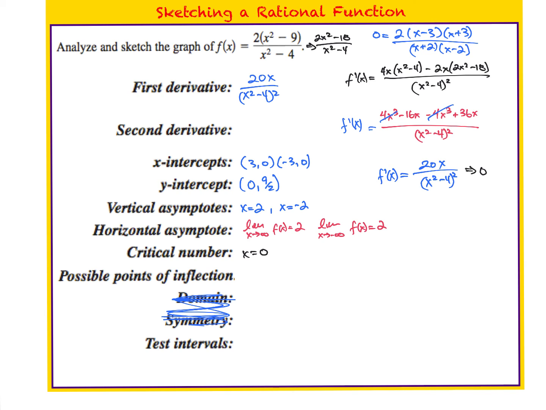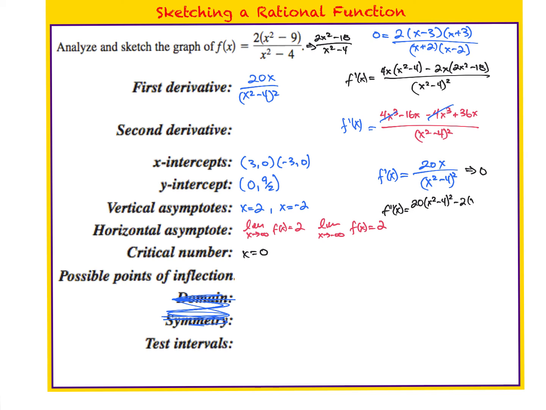Now what do I need to get to? My second derivative. What rule do we use again? Quotient rule. So what's the derivative of my top? 20 times, minus, here we go. What's the derivative of my bottom? What comes out front? 2.